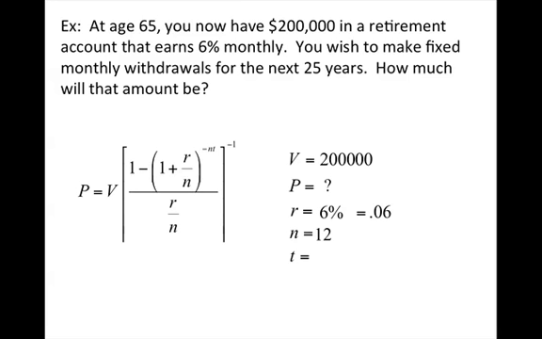And T is my time in years. I'm going to withdraw from this account for 25 years, so my T is 25. And just like before, let's multiply N times T, and 12 times 25 is 300.